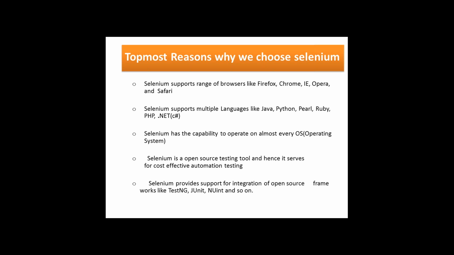With the combination of third-party tools, we can perform unit testing, integration testing, end-to-end testing, and user acceptance testing. Using Selenium, we can perform almost all levels of testing. These are the topmost reasons why Selenium is booming in the market right now. Any questions? No? Okay, that's fine.